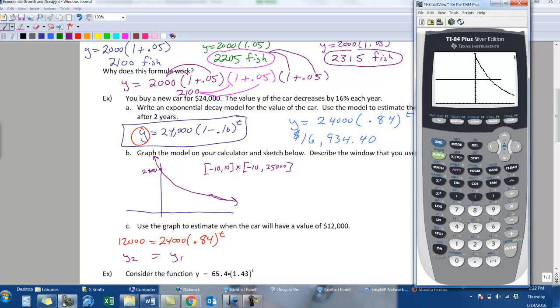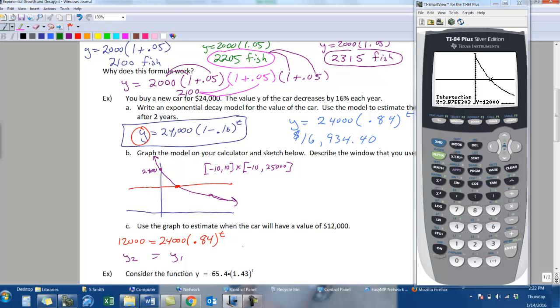You press graph, and I think some of you might know where we are headed here, right? This thing goes and intersects it right there, we're going to find the intersection point. The way we do that, second trace, number 5, and then all you got to do is press enter, enter, enter. Your calculator is pretty good at it.